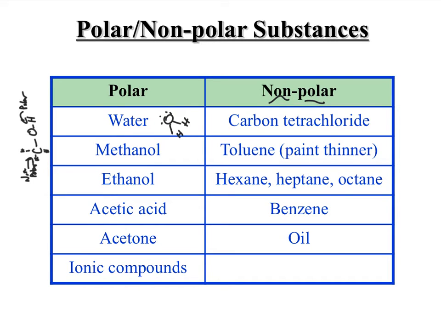So the polar part will dissolve polar materials. That's fine. But then it turns out that the nonpolar part will dissolve these nonpolar substances to some extent. So this molecule is polar, but also has a nonpolar side. You have this division, if you will, of the two sides of the molecule.